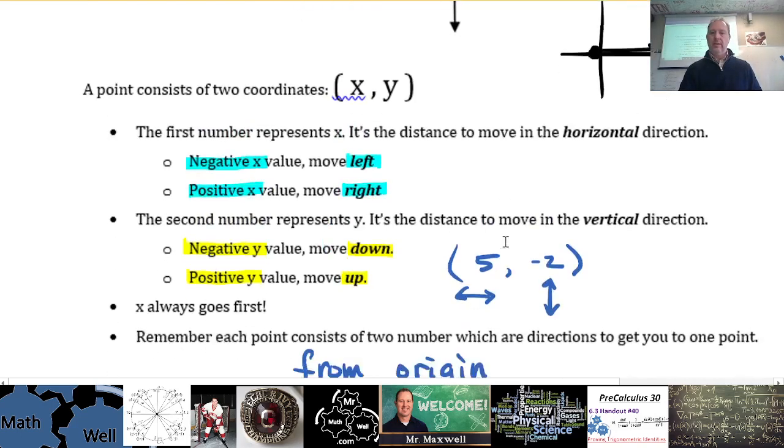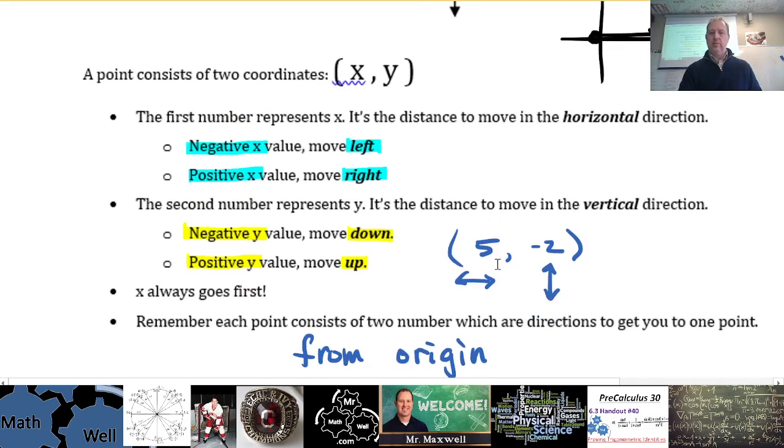So this point right here, if I was to just sketch this real quick, so there's the y, there's the x-axis, then I would go from the origin, I would go 5 units, it's positive, so I move it to the right. 1, 2, 3, 4, 5. So that's 5 units. I don't put a point on there yet because I have to complete the directions to get to the point. Now I go negative 2 on the y, says I go which way, up or down?